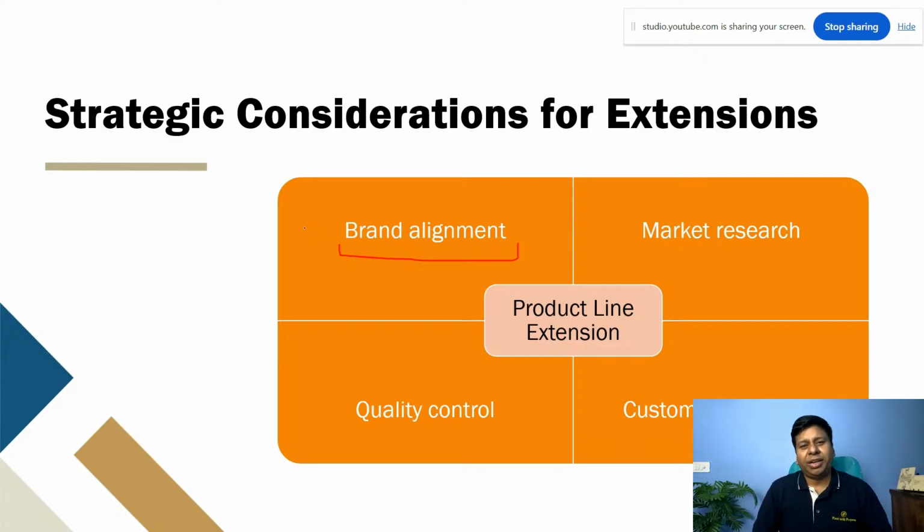It should not happen that I launch a new Colgate toothpaste and the messaging is competing, saying that the previous Colgate toothpaste you were using is not good for your teeth and the new one is good. You are killing your market for the previous product.